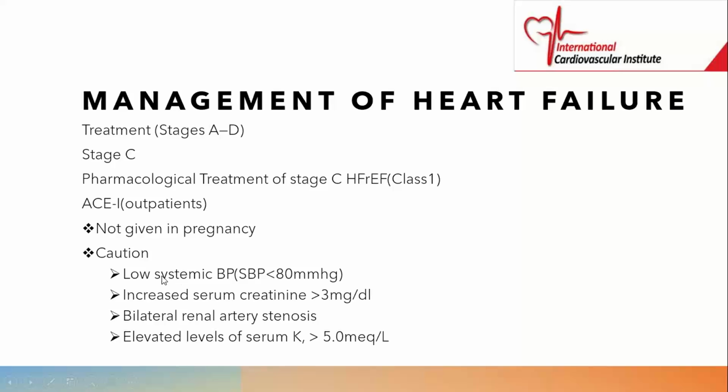So if the blood pressure is low, you have to be careful. If the serum creatinine suggests that there's renal impairment, you should also be very, very careful. And we talk about a creatinine greater than 3 milligram per deciliter. If the patient has bilateral renal artery stenosis, be careful. And then if the potassium is elevated, and the number they pick is 5 milliequivalents.